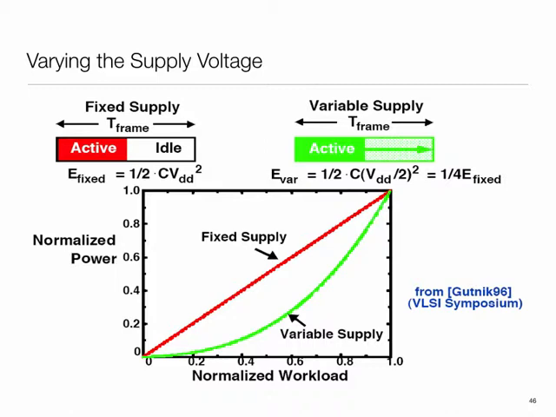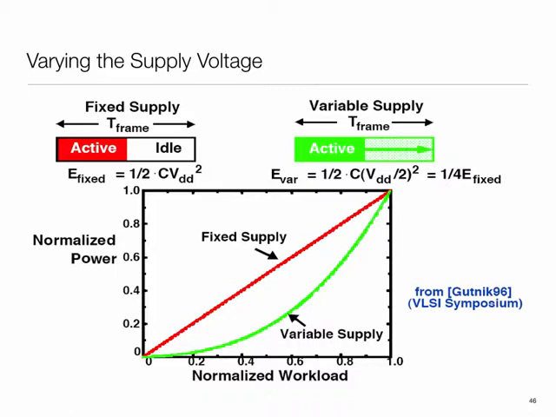One is I just run the task at max speed and then remain idle. The other is that once the task comes, let's say somehow I knew how long it would have taken at maximum speed, and if it's not going to use the entire T frame, then I'm going to slow down the processor. So on the x-axis, what you are seeing is the normalized workload, which is what the workload would have been if the task had run at full speed.